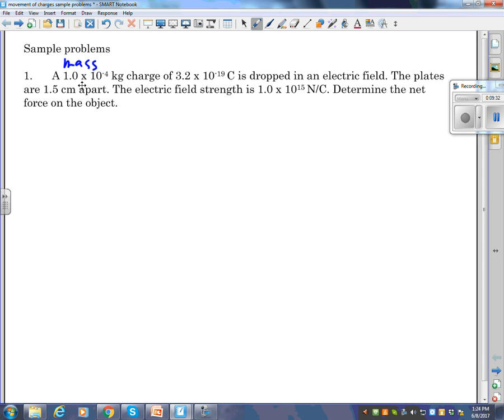So that is our Q, is dropped into an electric field. The plates are 1.5 centimeters apart. So I guess that would be a D value, right? The electric field strength is 1.0 times 10 to the 15 newtons per coulomb. That is our value for E. Determine the net force on the object. We are looking for the F net.